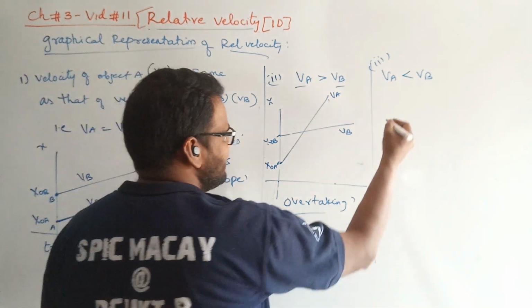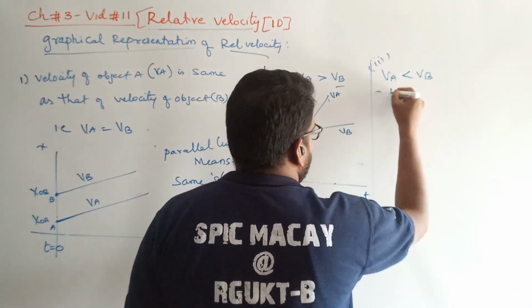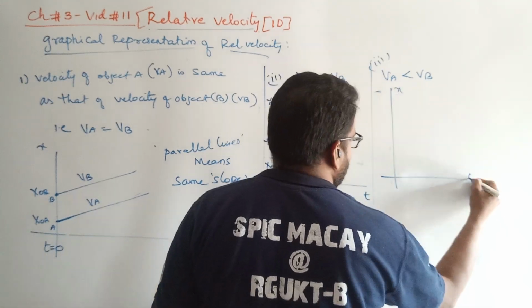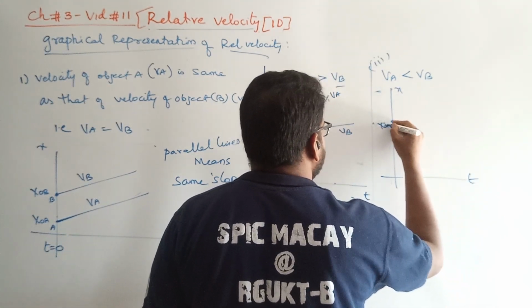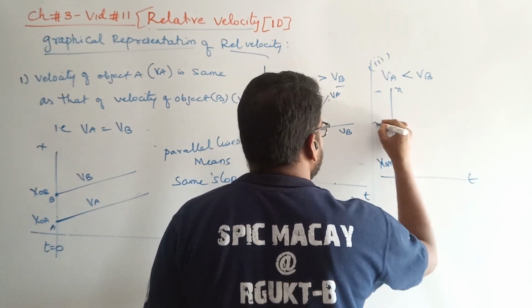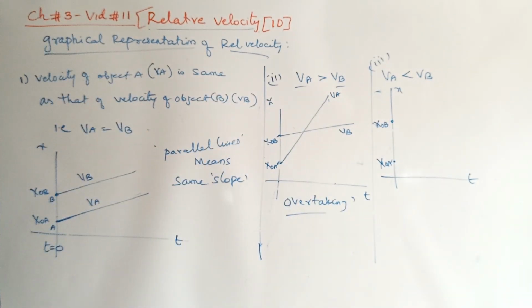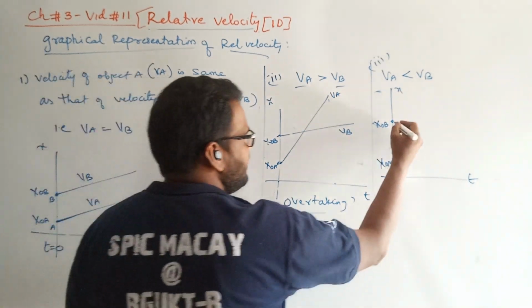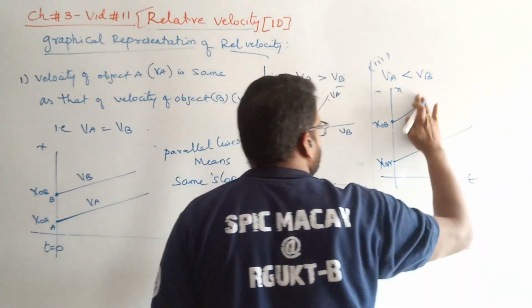Now how to show this third kind of graph? X and T, again the initial position of x naught B and the initial position of x naught A. Now, VA is less than VB, so one line will go like this and the other is going to go like this.